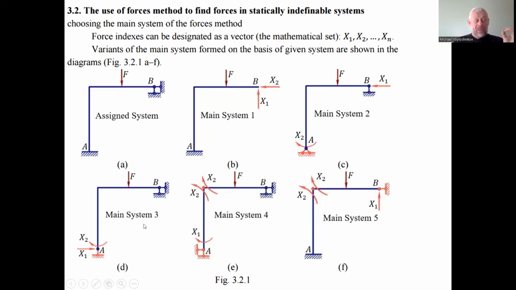Okay, the third option of the main system. We can just leave the supporting links in the point B the same as in the assigned system, but we can remove 2 links from the embedding in the point A and remain just only the sliding 1.